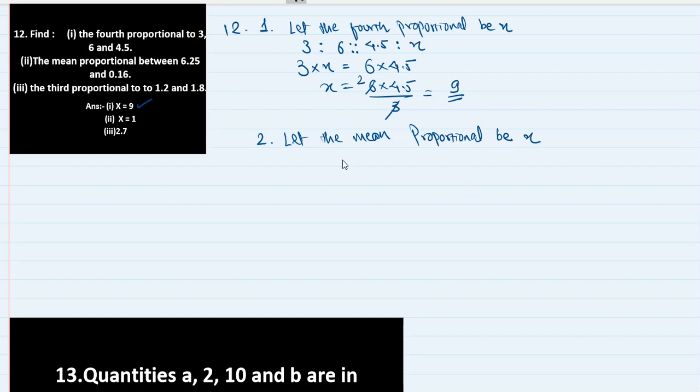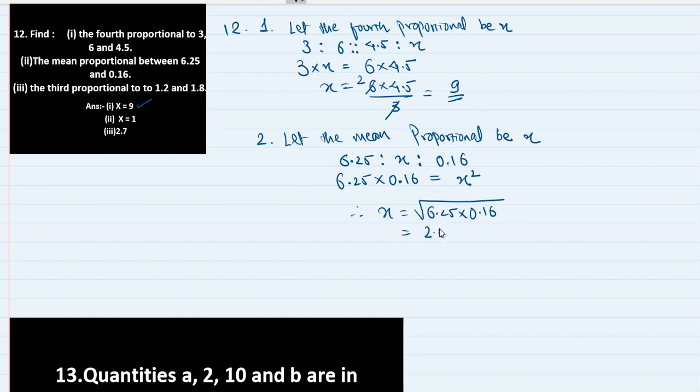So we get 6.25 is to x as x is to 0.16, and we know that 6.25 multiplied by 0.16 is equal to x square. Therefore, x is equal to under root of 6.25 multiplied by 0.16.